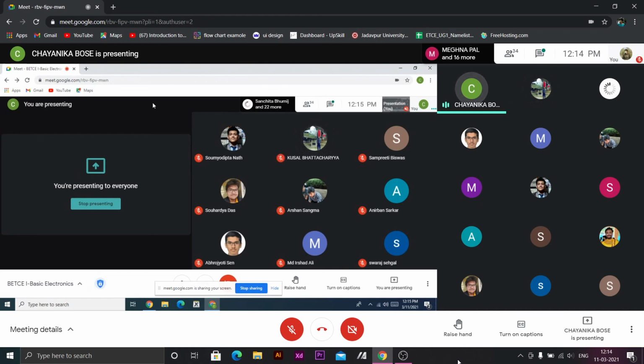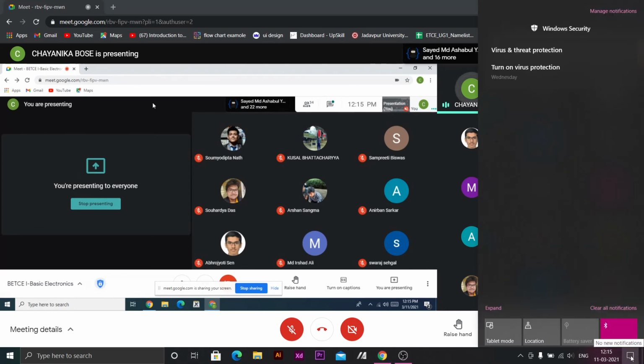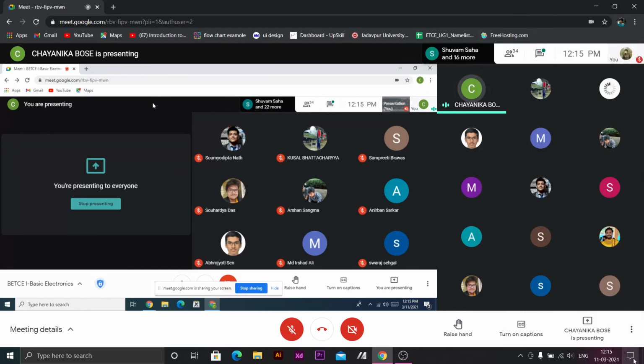We have applied bias, and accordingly the device is operating in a certain region. Now I am telling you just the voltage that appears across the junctions. So I need not tell that it is in common emitter configuration, because when I am telling VBE and VC, that implies the transistor is used in common emitter configuration.